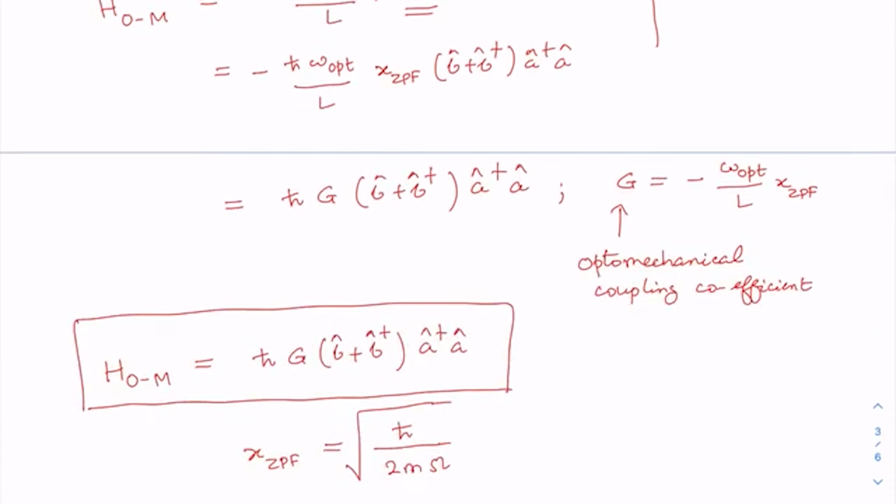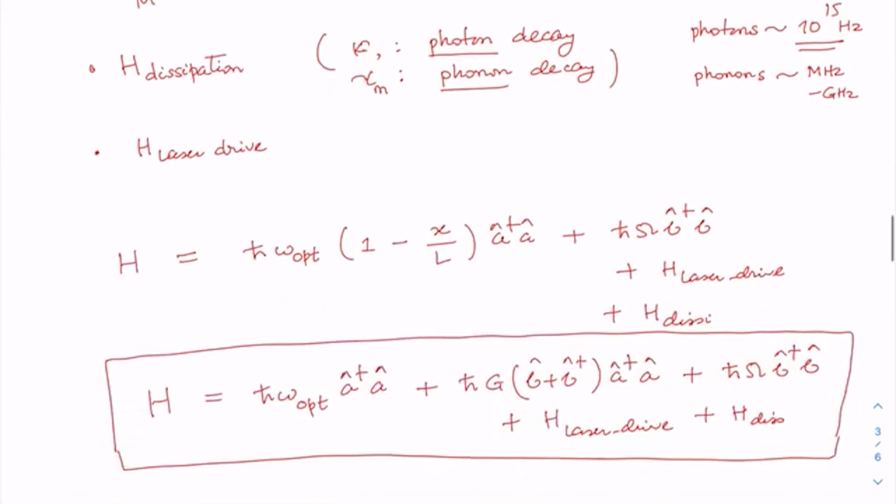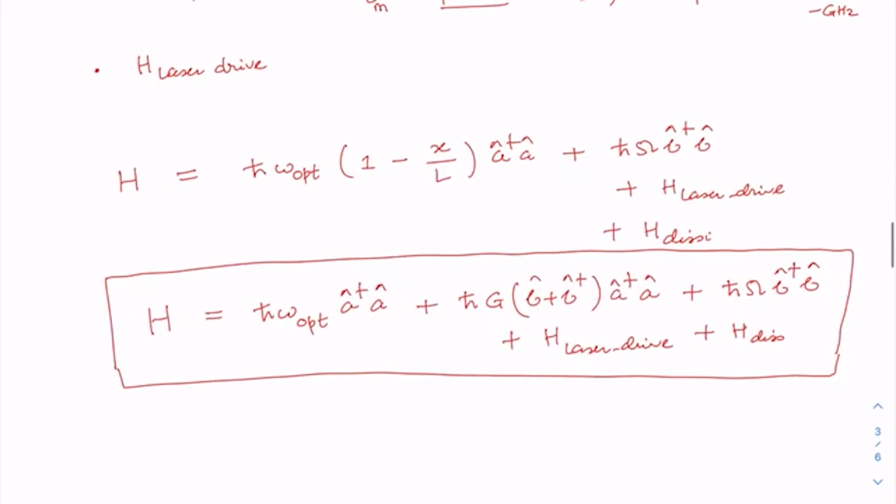And the optomechanical interaction Hamiltonian term can be expressed in a very convenient form like this. So that's what we did in the last class, and we were able to write down the full Hamiltonian of the cavity optomechanical system.